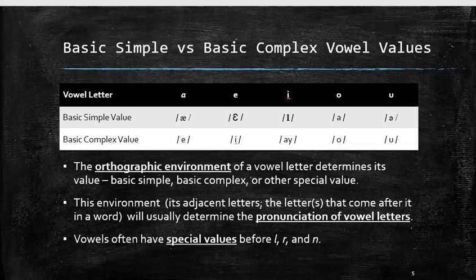The basic complex value of vowels corresponds to the sounds A, E, I, O, U. You will notice that these sounds are either tense or diphthongal, right? So the diphthongs.